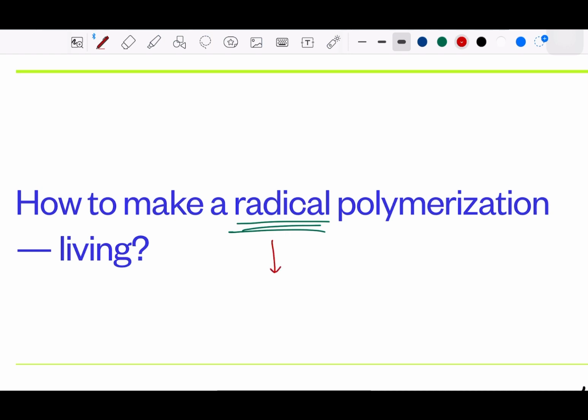So the principle is first deactivated, or reversibly deactivated. So it will be temporary.